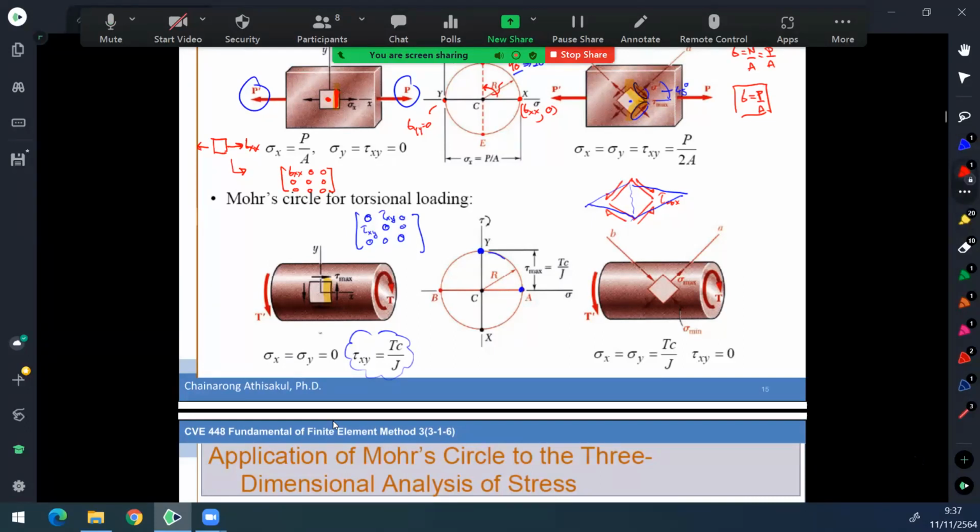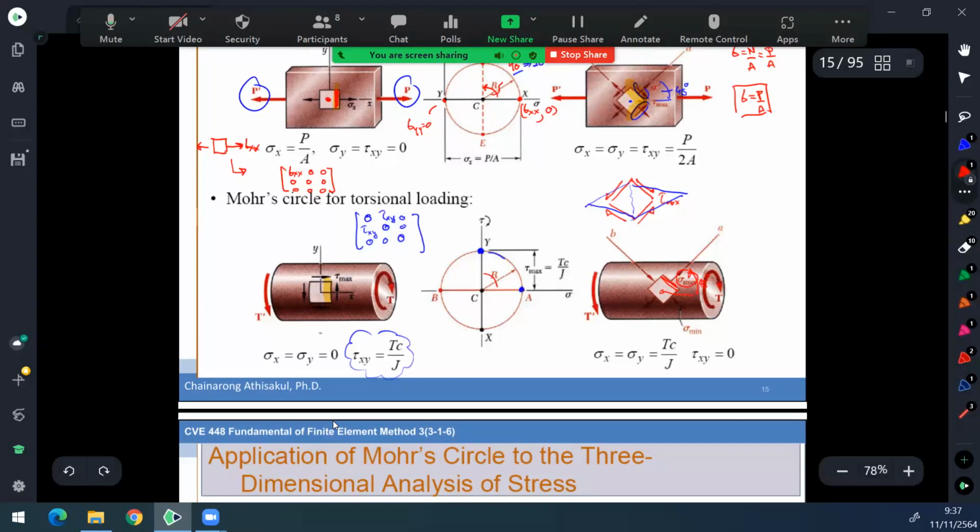For this plane, it has no normal stress, but it has shear stress. So this plane is not a principal plane. So when we rotate with 45 degrees, we will find the plane that has only principal stress, that is max, but it has no shear.